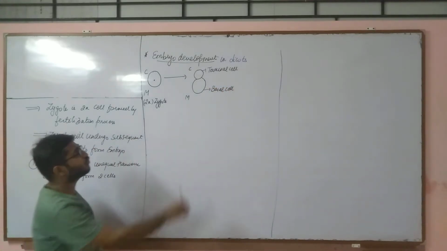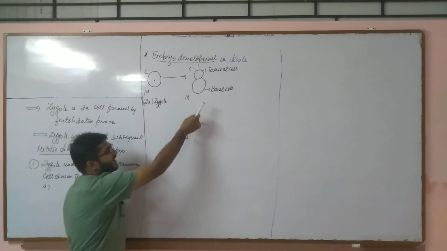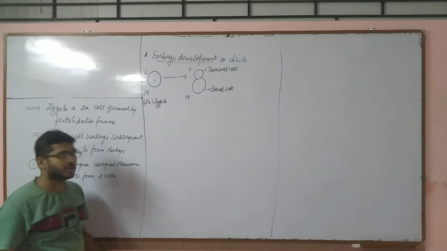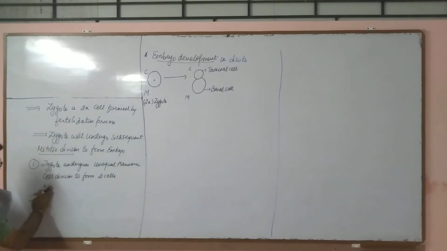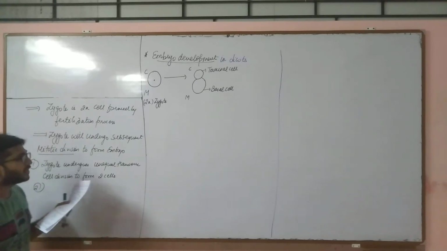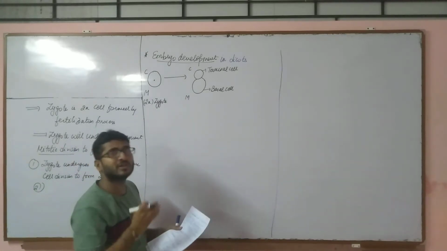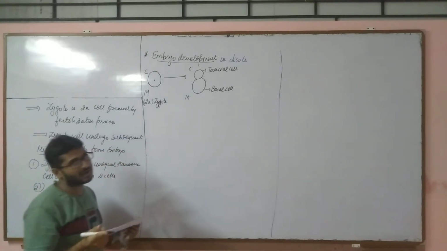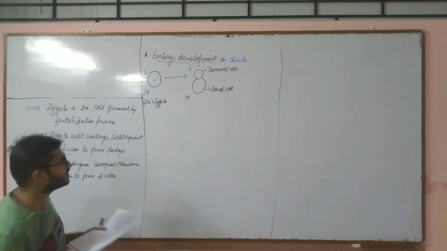So the cell located towards the chalazal C end is terminal, and towards the M end the cell is called the basal cell. Now this is the first step. Now the second step is the basal cell will undergo one more transverse division, that is again mitotic. All the divisions will be mitotic in nature, no meiotic division we will observe.